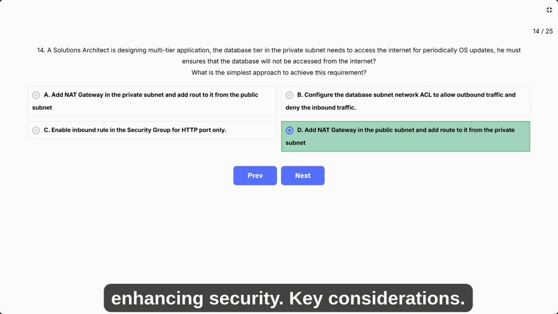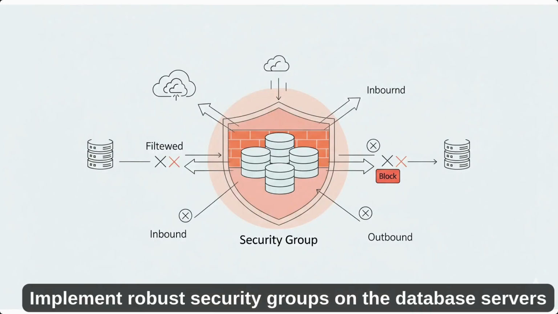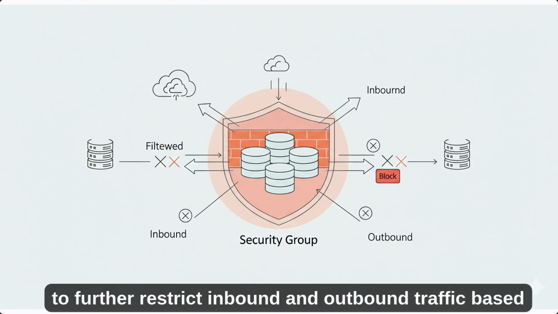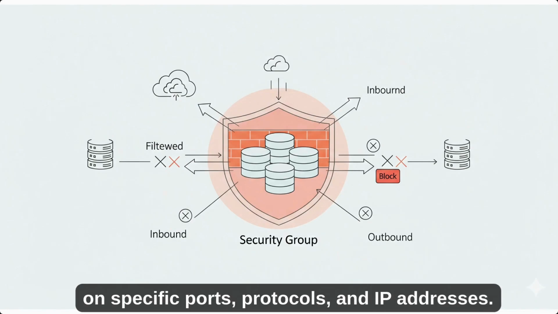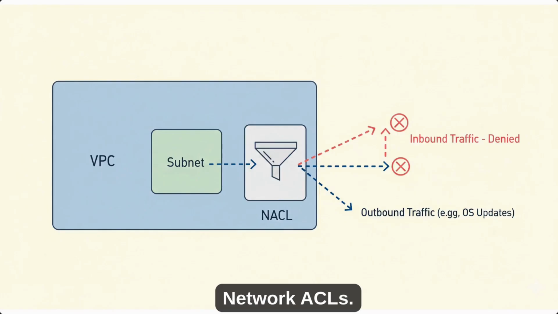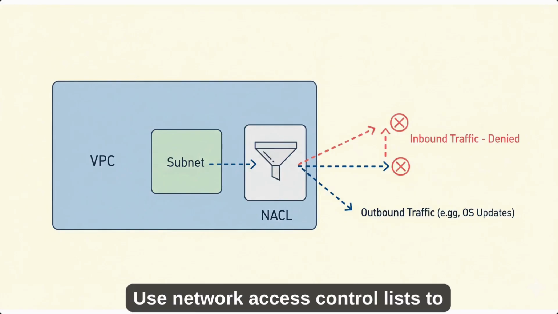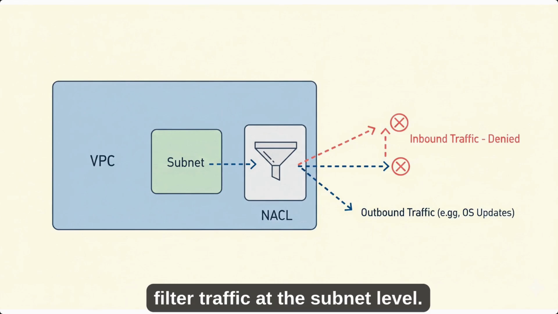Key considerations. Security groups: implement robust security groups on the database servers to further restrict inbound and outbound traffic based on specific ports, protocols, and IP addresses. Network ACLs: use network access control lists to filter traffic at the subnet level.